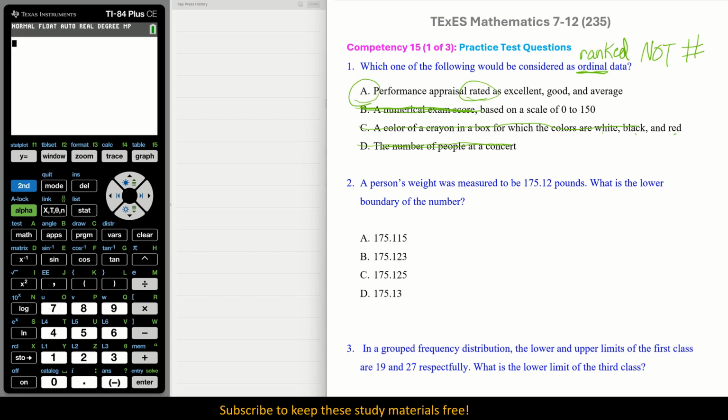Number 2, a person's weight was measured to be 175.12 pounds, which is the lower boundary of the number? When we're talking boundary, that's not the lower value. It's actually the lower boundary, so we have to go a little less.